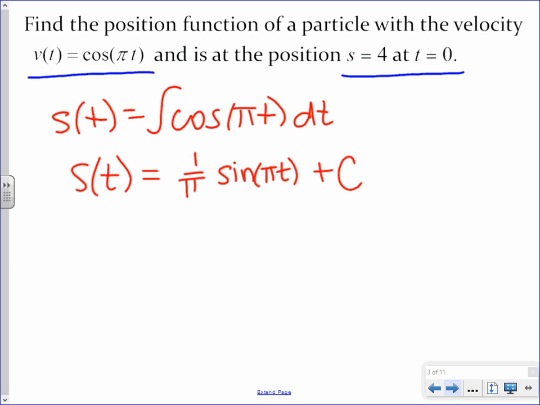All right, now they gave us some information about a particular position at time equals 0. So we're going to need to plug that in to be able to figure out what that plus c is. So we have a position of 4 when time is 0.